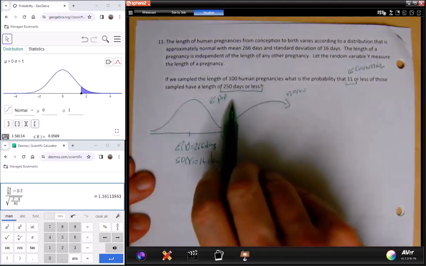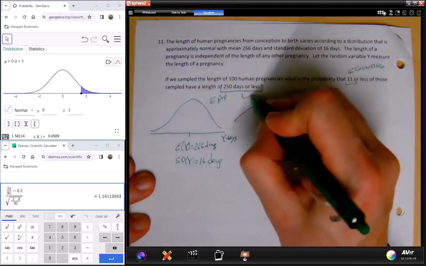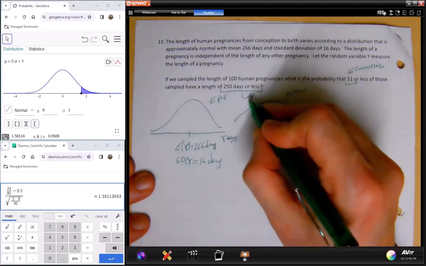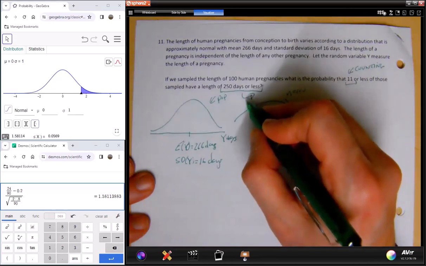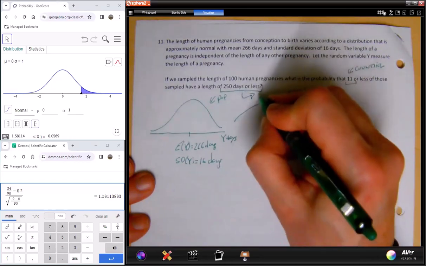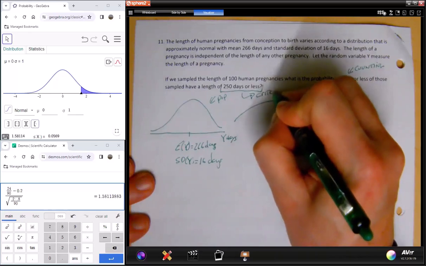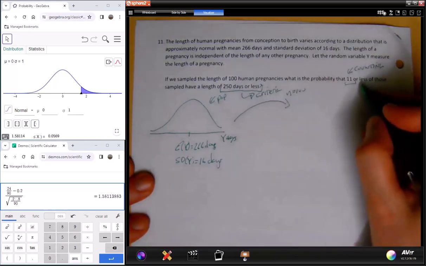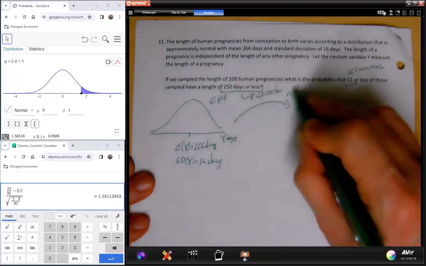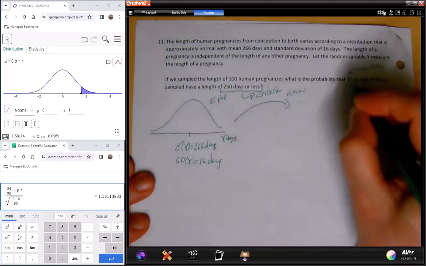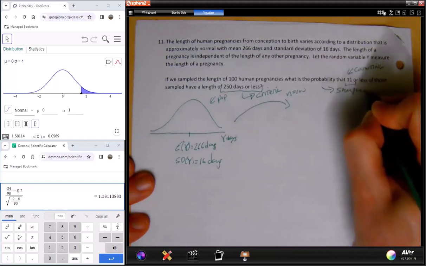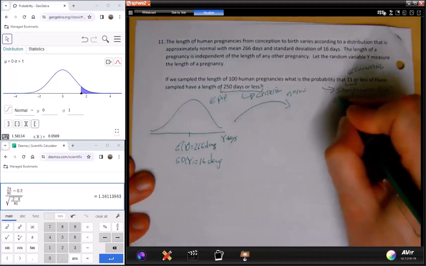So what I'm counting is the number of times I witness a data value that has a pregnancy that is 250 days or less. This is the criteria that I'm counting. Because of this, it sounds like I'm sampling 100, 11 meet this criteria. This is really about the sampling distribution of proportions.